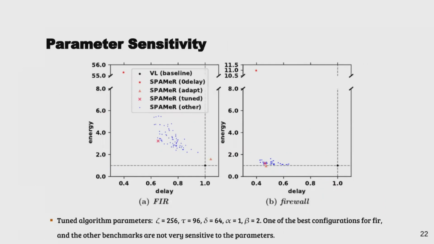And the set of parameters we used all through the other experiments is the red cross, and it is on the side closer to the origin point, meaning it is the optimal one we found. Other benchmarks are not very sensitive to the parameters. I put the firewall as an example here, and you can find the figures for other benchmarks in our paper.